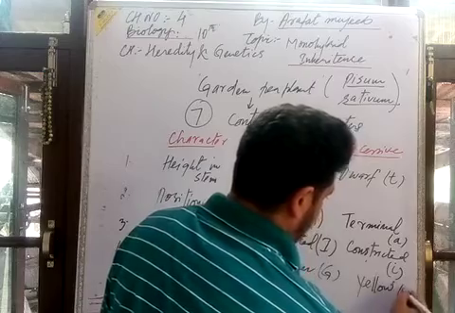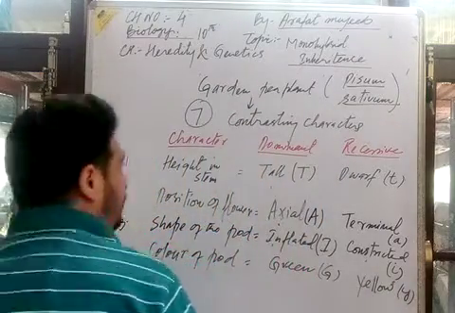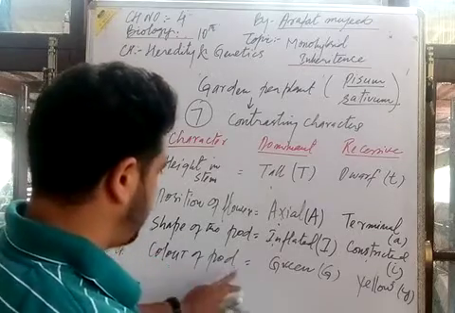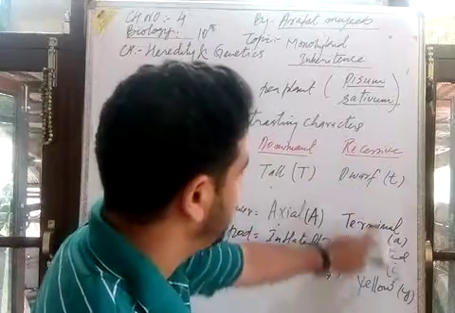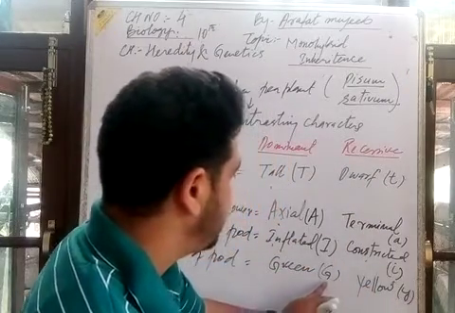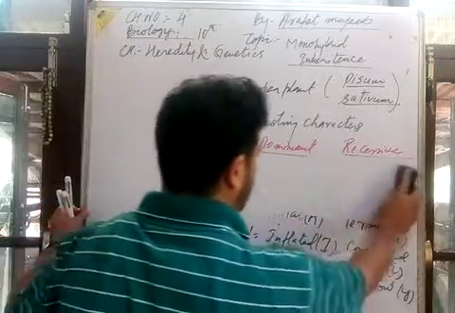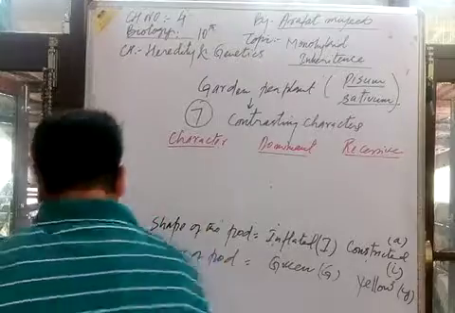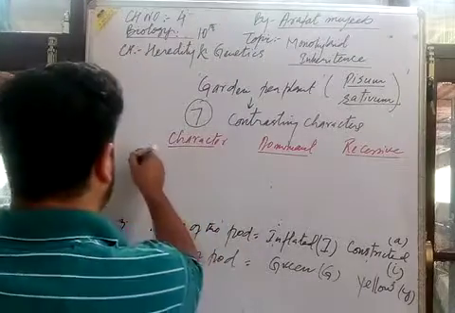We can represent it this way. So these are the four characters as seen by Gregor Johann Mendel. Color of pod, this color. Green is the dominant character and yellow is the recessive character represented by small y, and green is represented by a capital G. Then we take the other of the 7 contrasting characters, which are pure in condition.